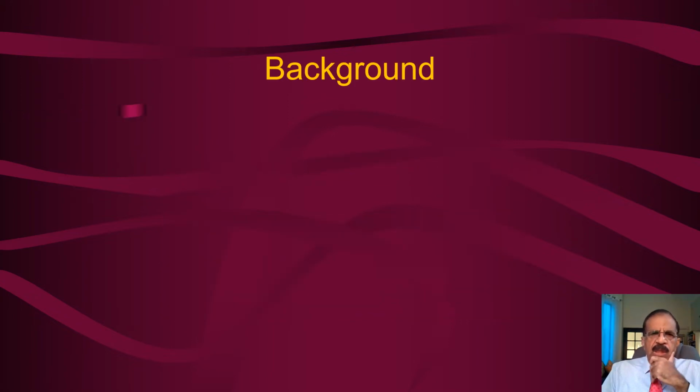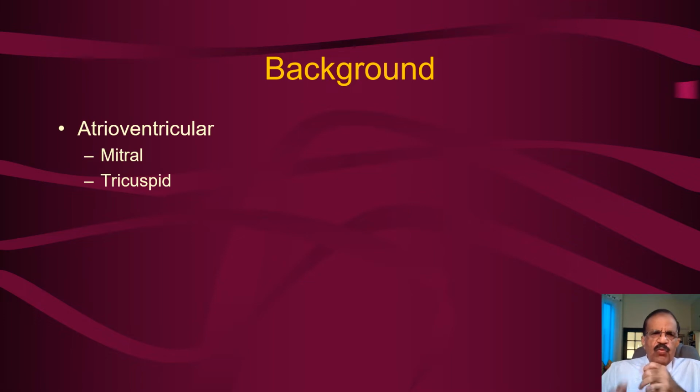In the background, we have two types of valves. One group is called atrioventricular. From the atria, blood goes to the ventricles through the mitral valve and the tricuspid valve.